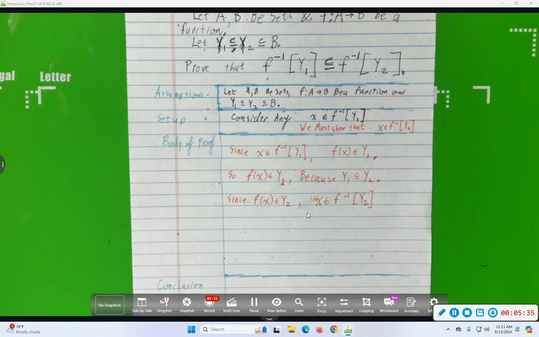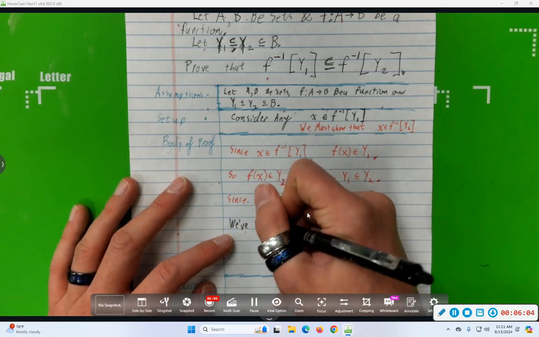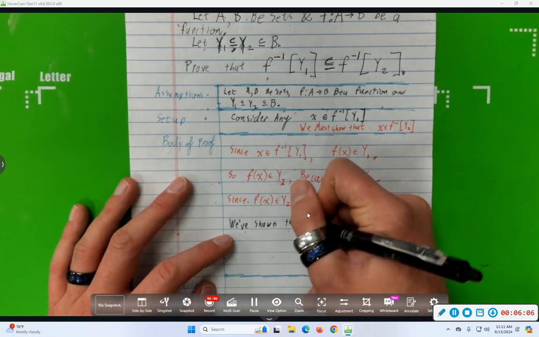So we've done it, but let's get a stronger conclusion than that. What is it that you have done? Can we just say we've shown that for any x in the preimage of y1, x is in the preimage of y2?